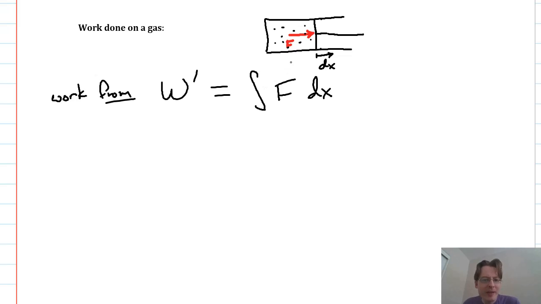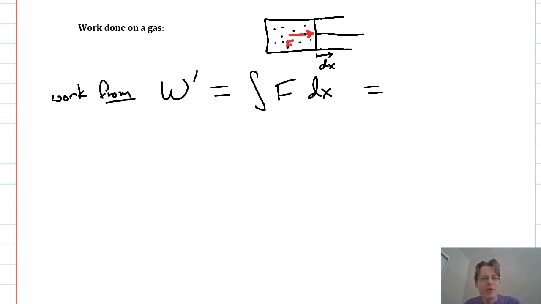We have to integrate because as the piston goes out, the gas might lose pressure. And so the force changes with x, and you have to actually do an integral to account for it. So I'd rather write this in terms of pressure instead, and that's easy. Force is pressure times area. That's the area of the piston. So I have pressure times area times dx.